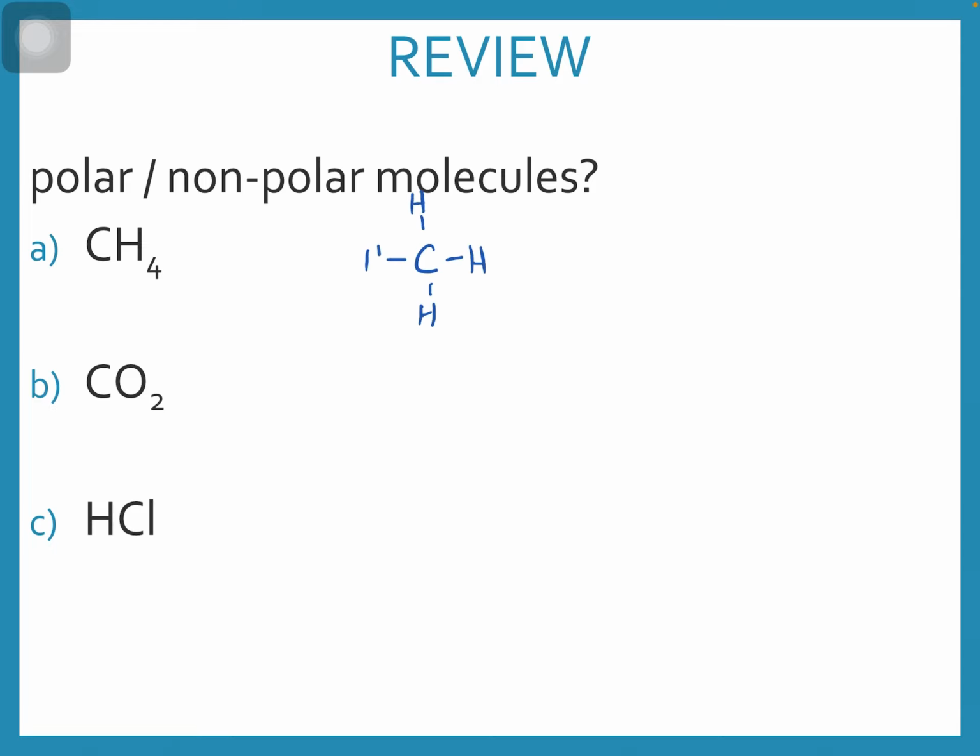We just calculated the difference on the page before, 2.6 and 2.2, so each of these bonds has a delta EN of 0.4. Because the bonds themselves are non-polar, the molecule can't be polar. So this is a non-polar molecule because all of the bonds are non-polar.